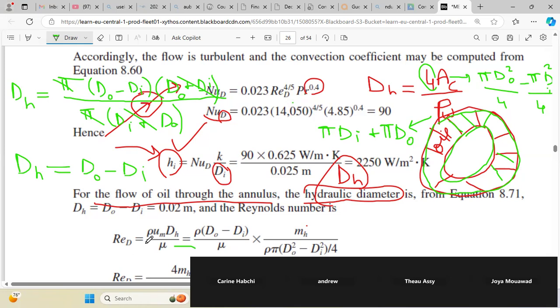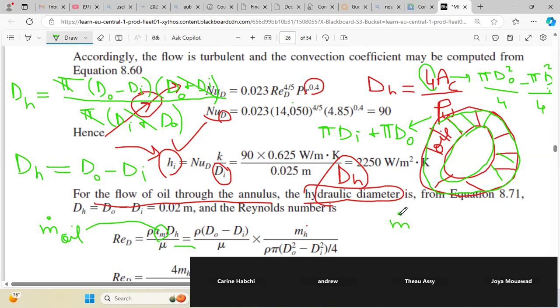Now, how to calculate velocity, the mean velocity in the annulus? We know that the mean velocity in the annulus is equal to the mass flow rate m dot, so here m dot oil, which is given, over rho A. Because what is the formula for m dot?